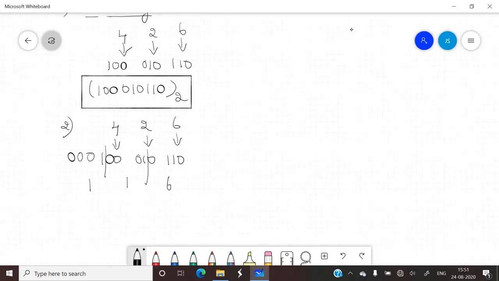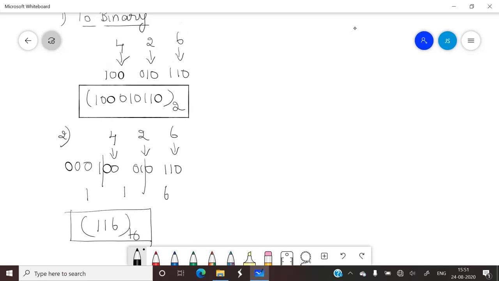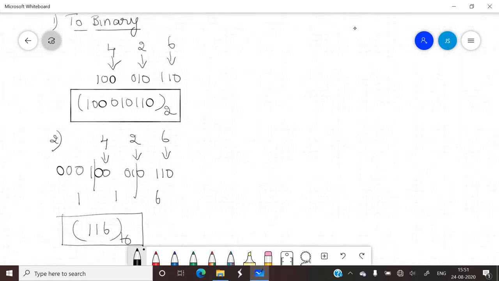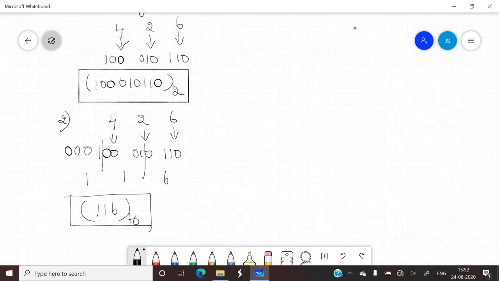So the hexadecimal equivalent of the octal 426 is 116. So now, given an octal number, we have converted it to binary, and then to hexadecimal.